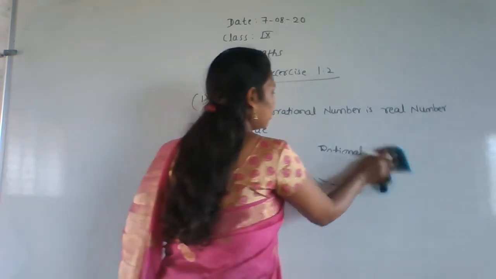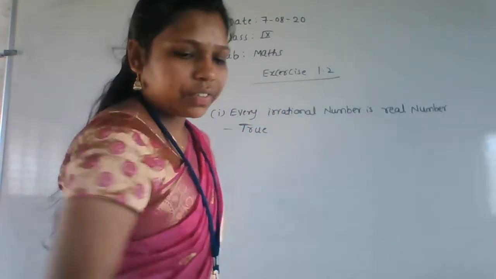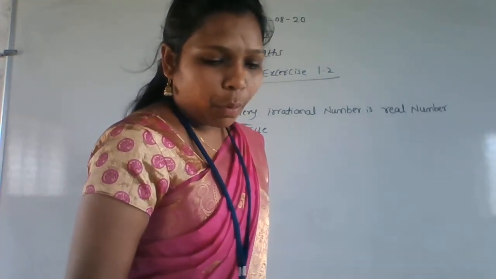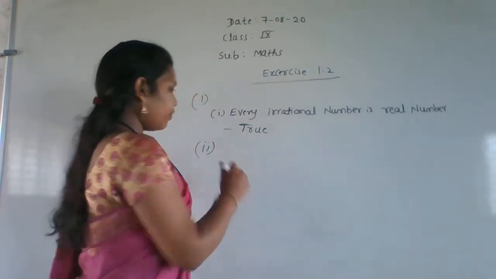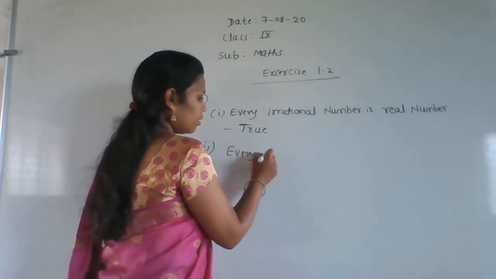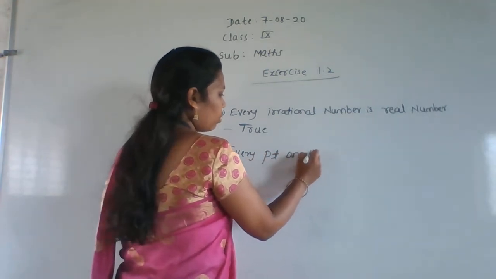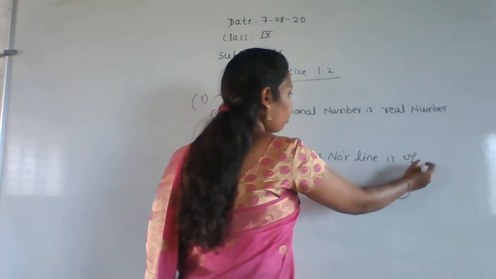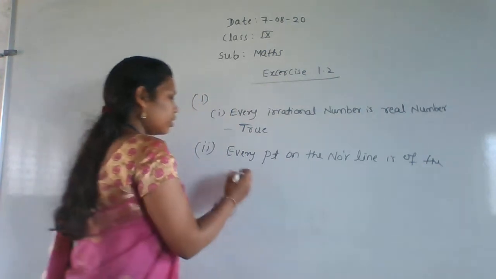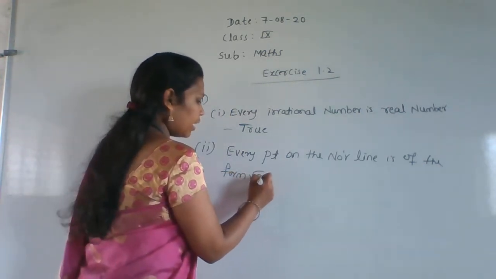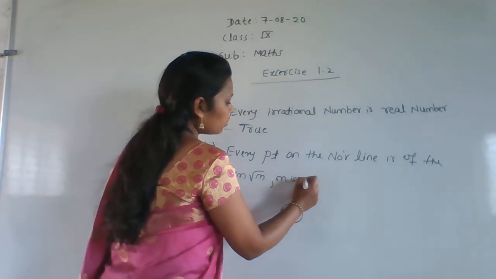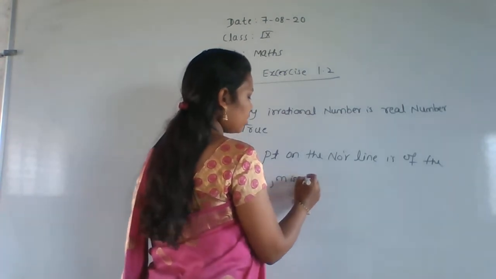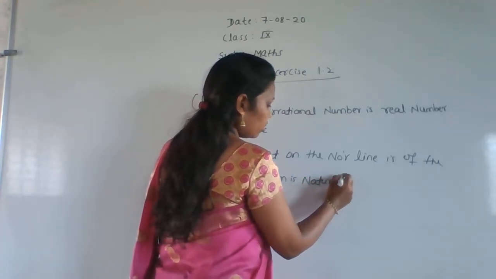So the next one. The first one is true and the second one is: every point on the number line is of the form root m, where m is a natural number.